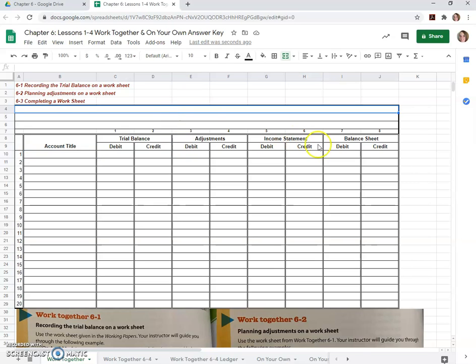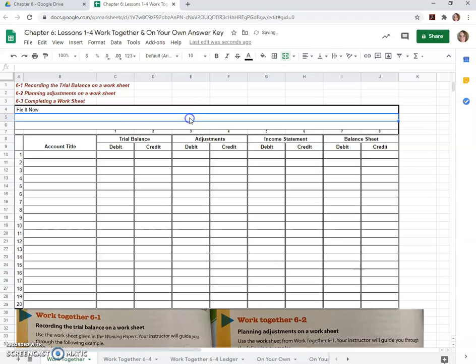So the first part of our heading is the business name, which was Fix It Now. And we're going to go ahead and center that. The next thing we need to know is that this is a worksheet, so we'll just type in worksheet.